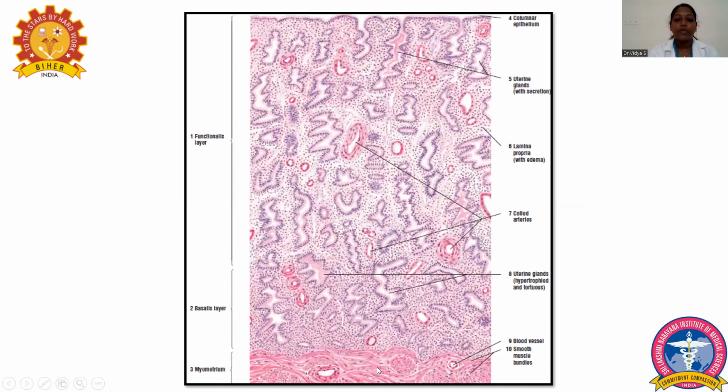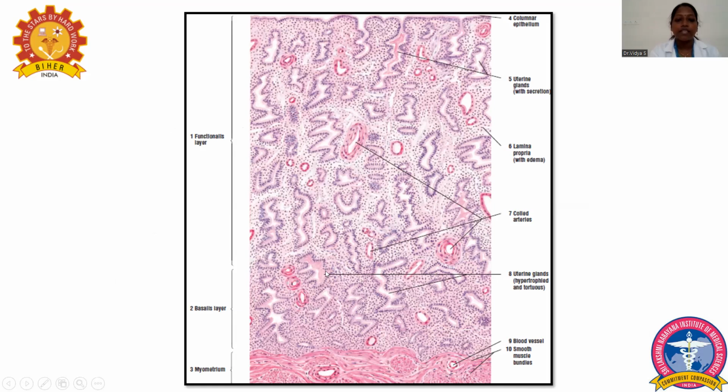Here we can see the myometrium layer, the smooth muscle bundles and the blood vessels. Here we can view the endometrium layer. It consists of the stratum basal and the stratum functionale layers. The basal layer consists of the uterine glands.